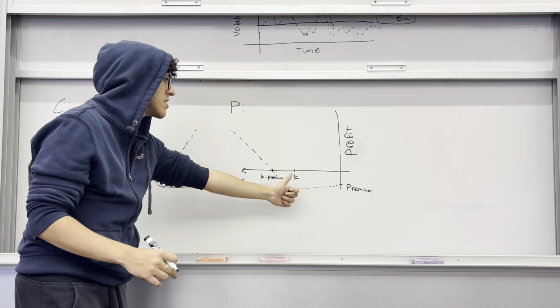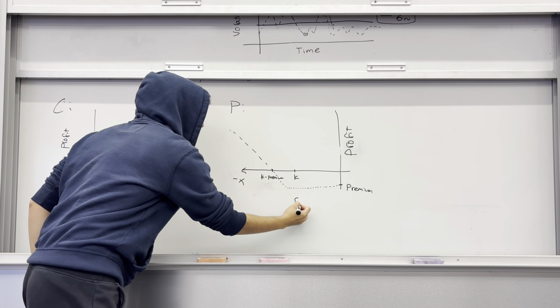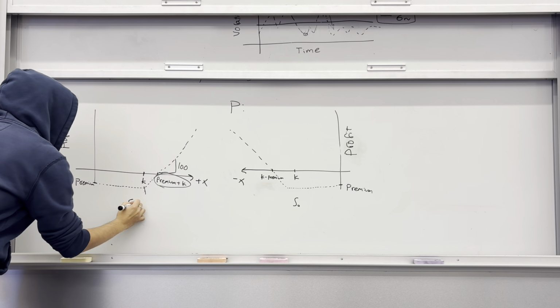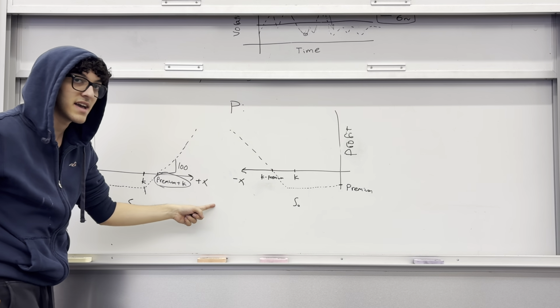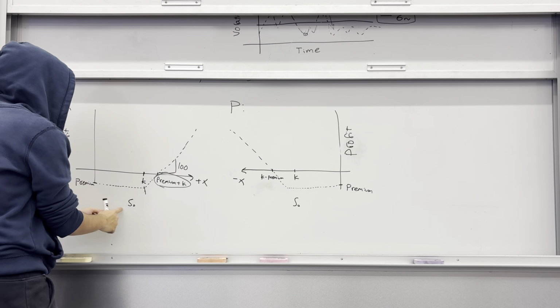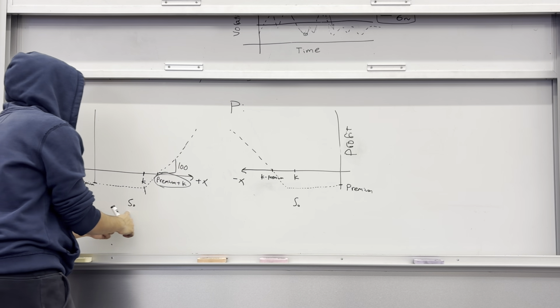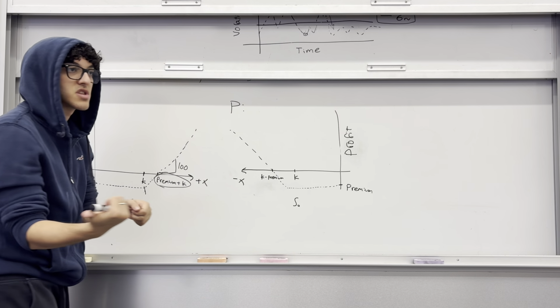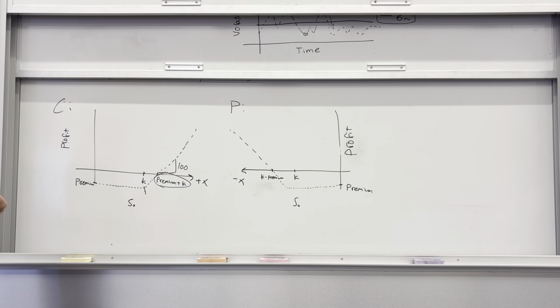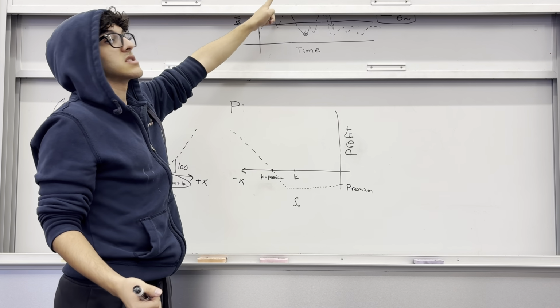You make money by the stock price decreasing, going towards negative X, whereas over here you make money as the stock price approaches positive X, as the stock price increases.